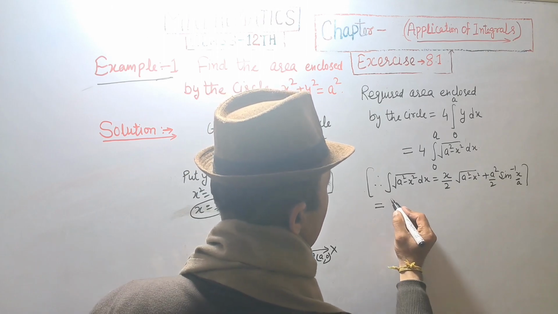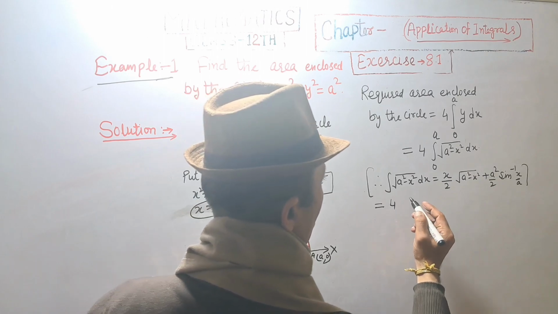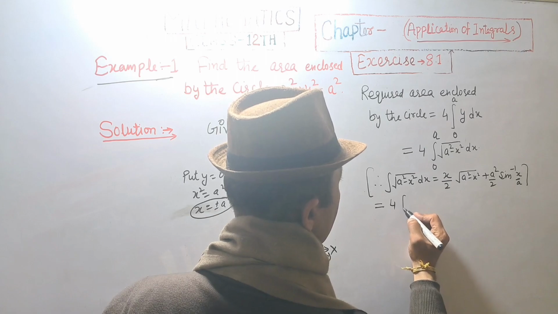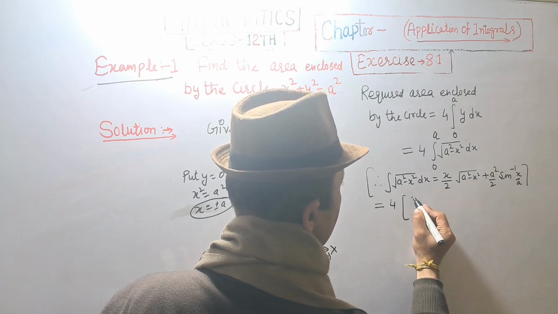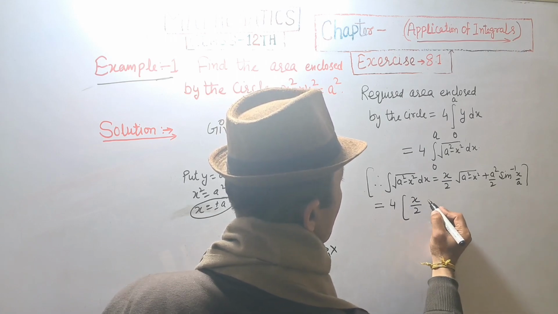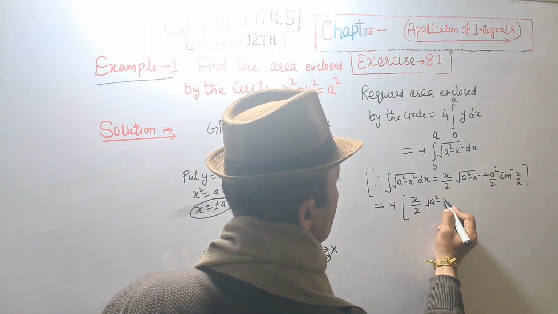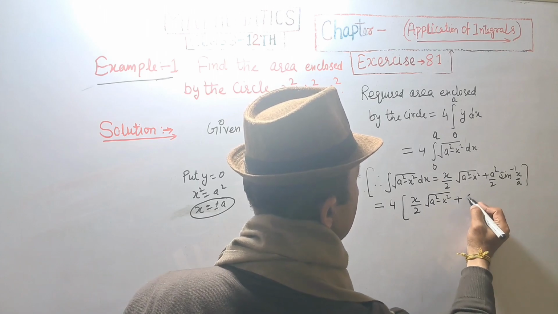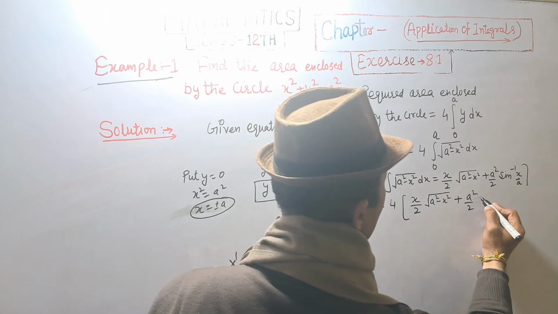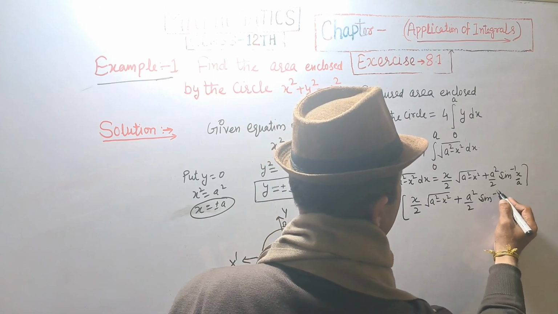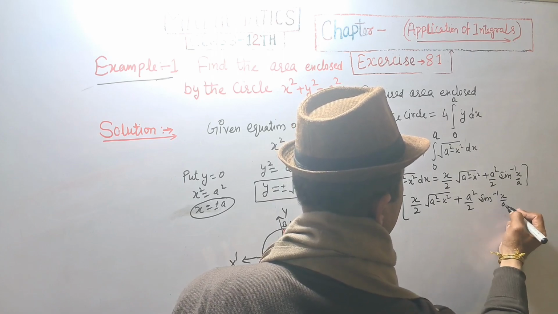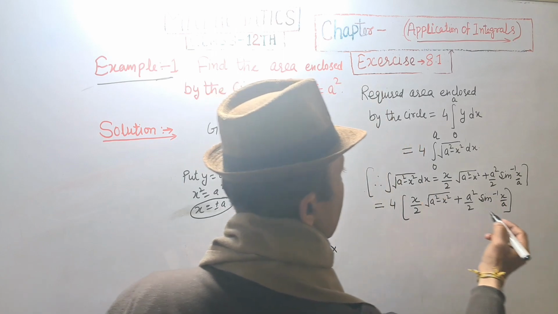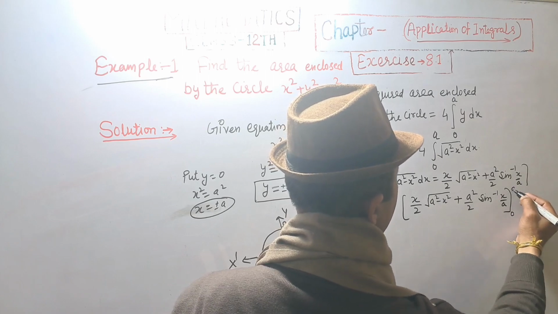That is equal to 4 into x upon 2 root a square minus x square plus a square upon 2 sine inverse x upon a, and limit lies between 0 to a.